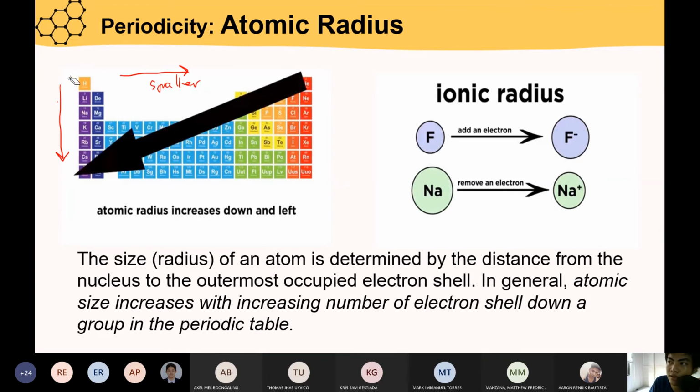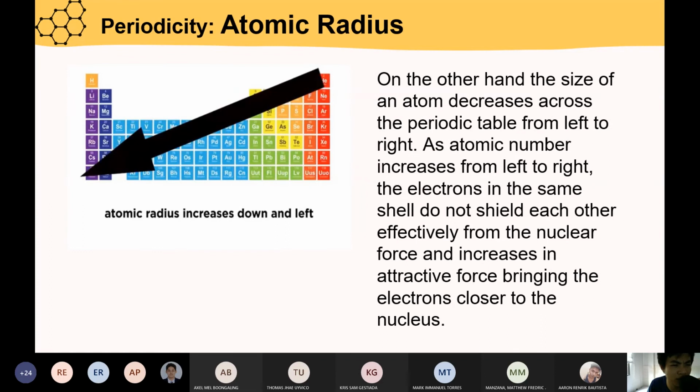So, yun yung idea sa atomic radius. Dumadami electrons, pero since nasa iisang orbit sila, dumadami na masyado yung positive, mas lalong lumiliit yung orbit nila. Mas lalong nag-shrink because of the intense positive charge they experience. Ang tawag dun sa positive charge that the electron experience is the effective nuclear charge.